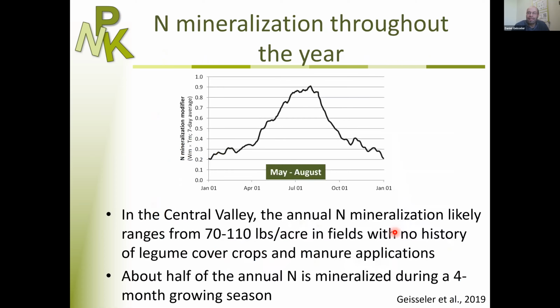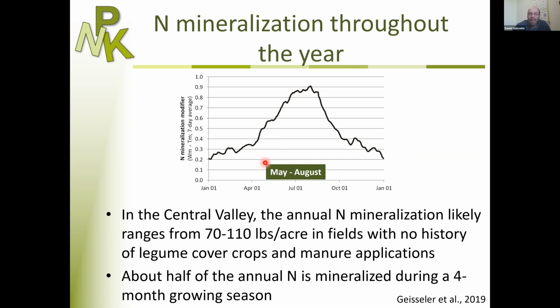But still, these numbers may be a bit higher, so the total nitrogen mineralization based on the budget may be a bit higher. But back to the Central Valley, I've already shown you this graph here, where we look at the nitrogen mineralization during the season.